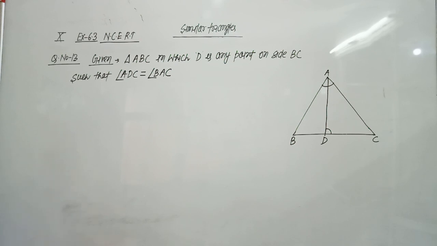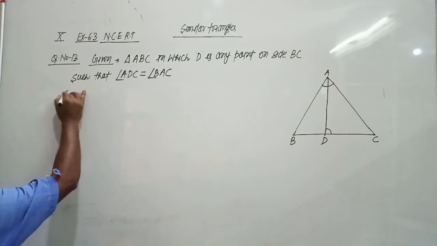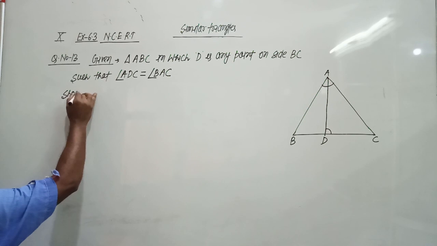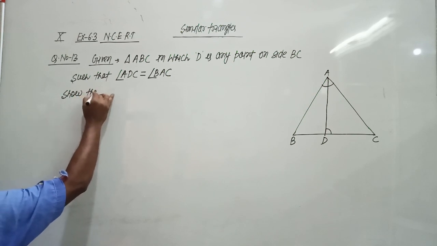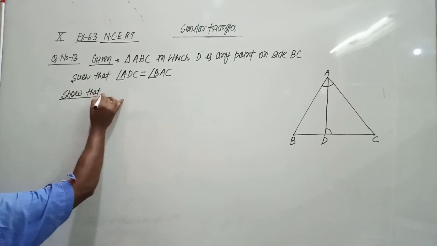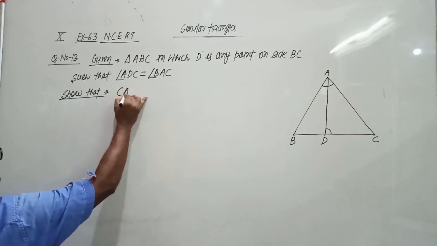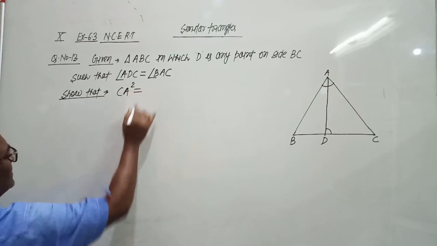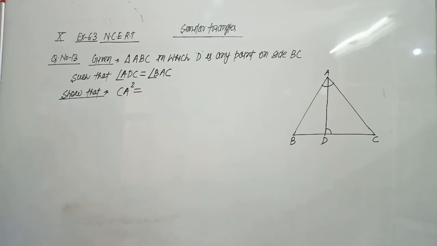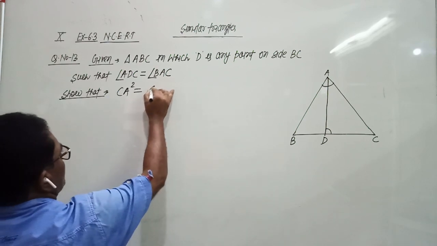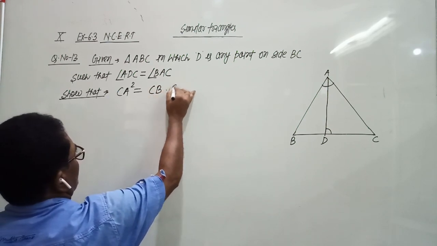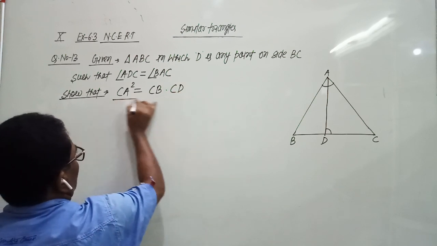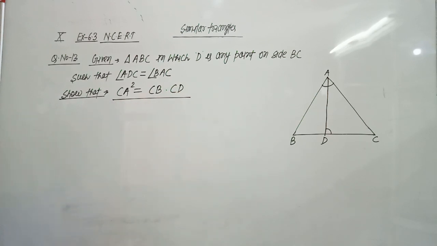Show that CA square is equal to CB into CD. We have to prove CA square equals CB into CD.